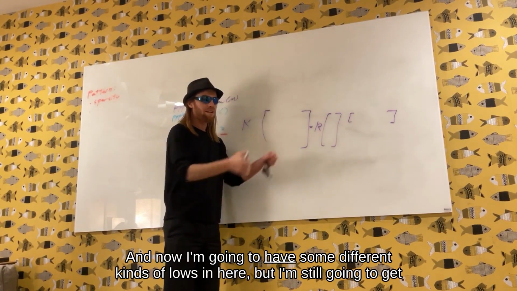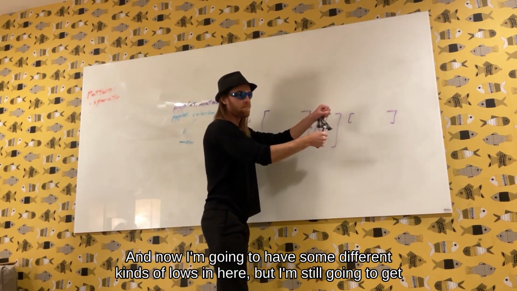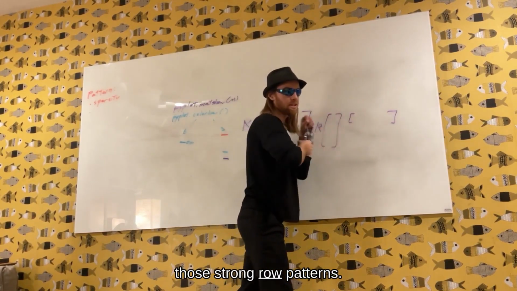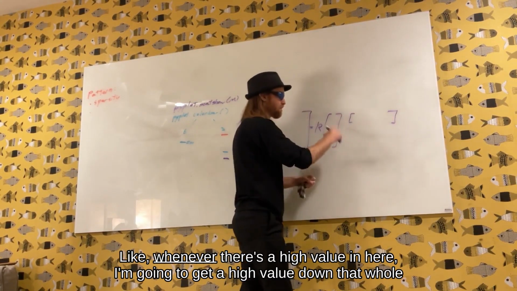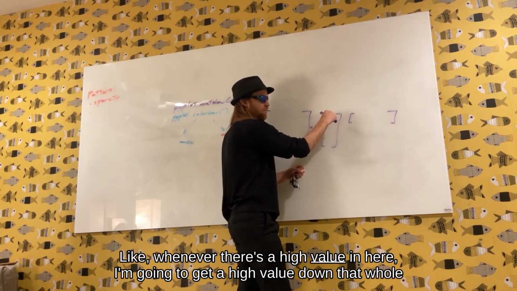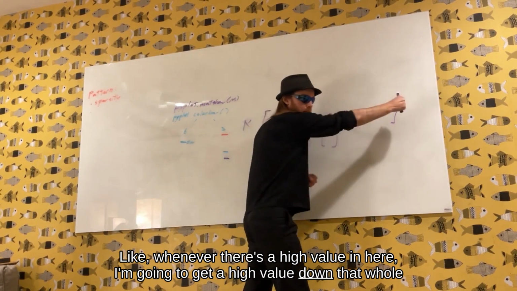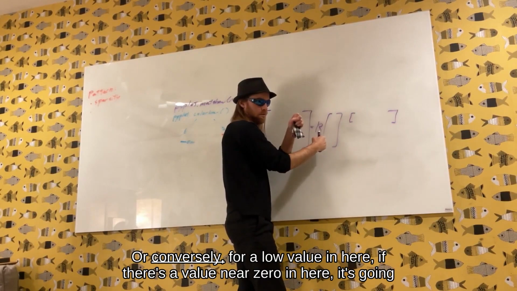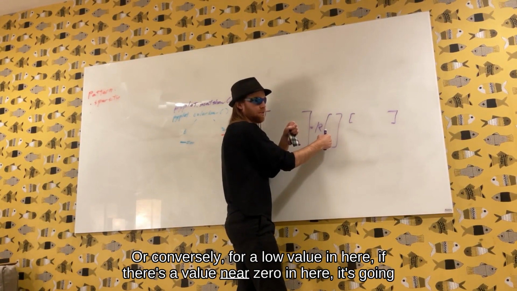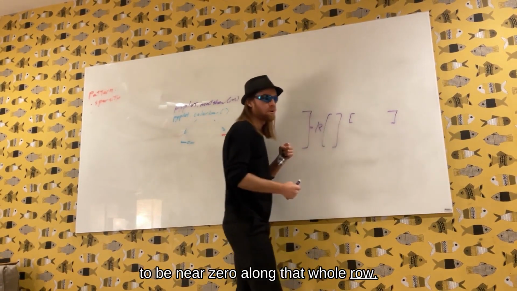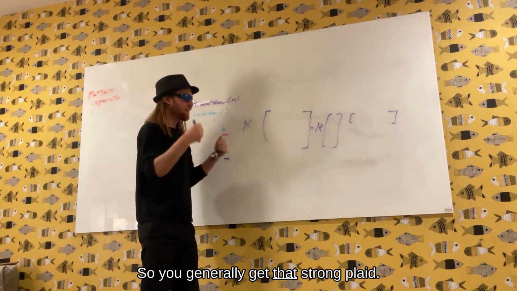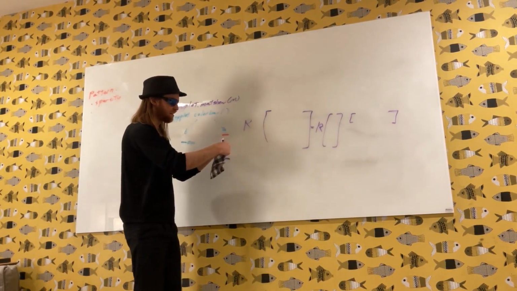And now I'm going to have some different highs and lows in here, but I'm still going to get those strong row patterns. Whenever there's a high value in here, I'm going to get a high value down that whole row. Or conversely, if there's a value near 0 in here, it's going to be near 0 along that whole row. So you generally get that strong plaid visual.